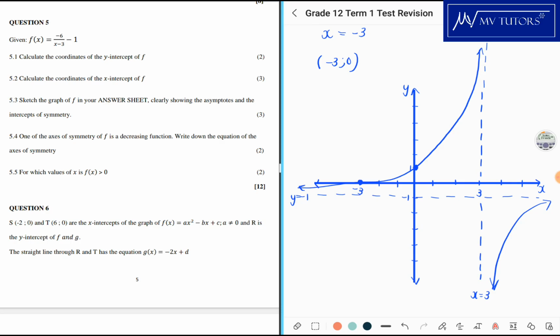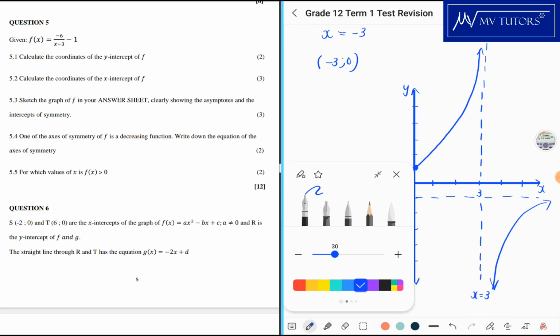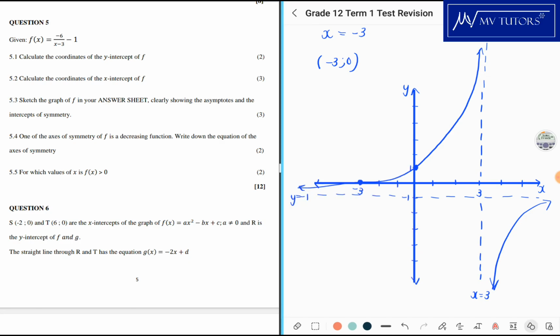They also spoke about the axes of symmetry. So I'll put it in different colors. Basically, we're going to have one where we have a positive gradient.